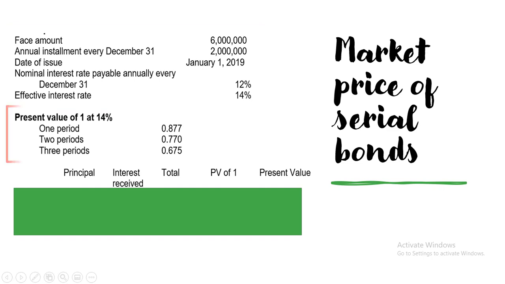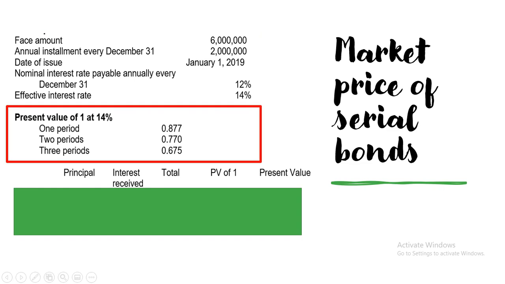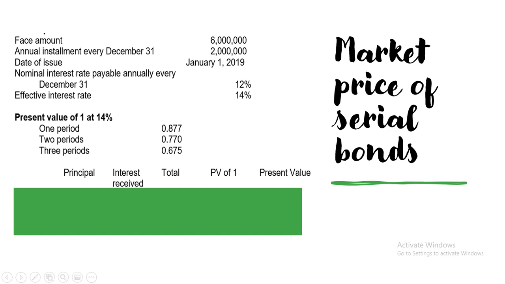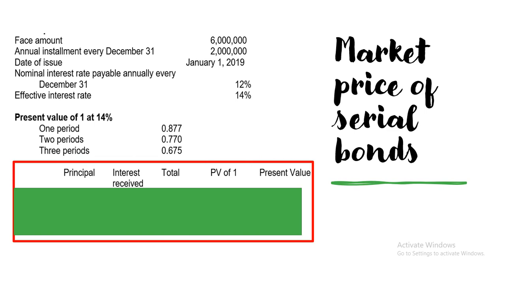So, this one. 1 period, 2 periods, and 3 periods. Now, to compute this one, let's compute first the total cash flow per year. Cash inflow per year. Then, multiply that one sa present value of 1. And you can now compute for the present value.